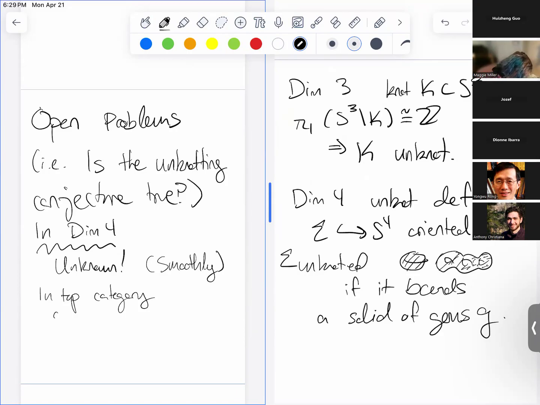We know the case when g equals 0: two-spheres with group Z are topologically unknotted. This is the theorem of Freedman, late 1980s, early 1990s. And when genus is greater than 2, it's also true, and this is by Conway and Powell.